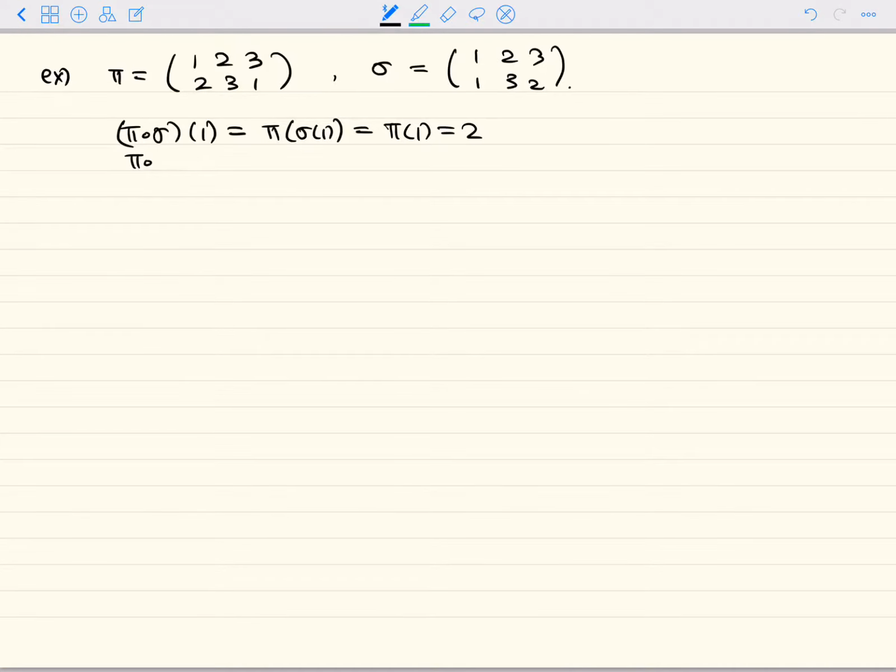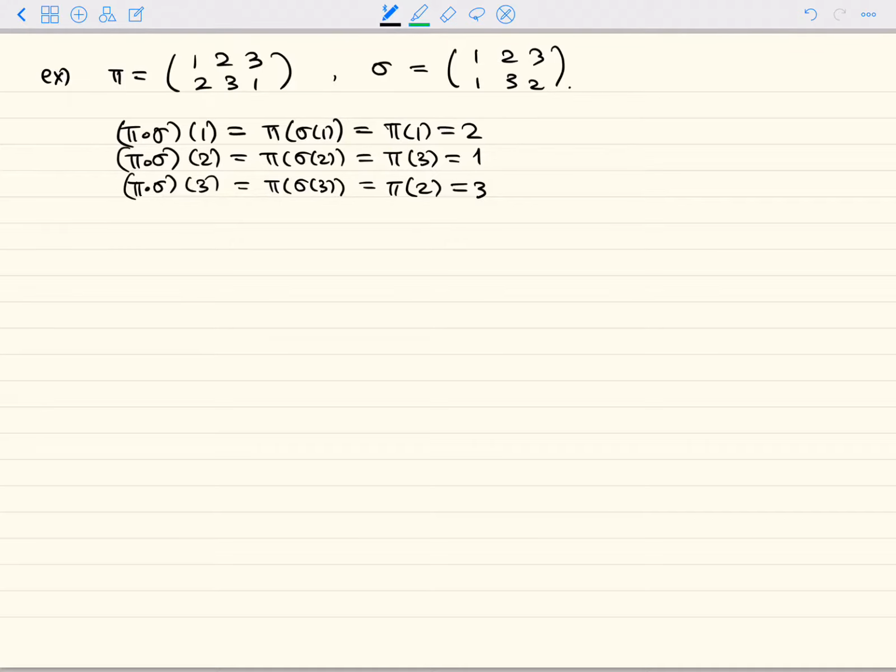So the composition takes 1 to 2, and for this we just use the definition. Sigma(2) equals 3, so it's going to be pi(3), which is 1, and sigma(3) equals 2, pi(2) equals 3. So this again is a permutation, and actually it's easy to see that composition is always a permutation if the two functions are permutations.